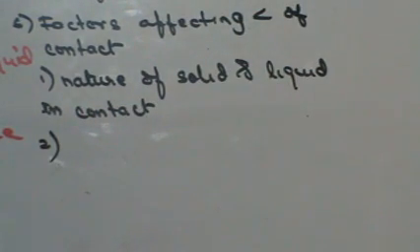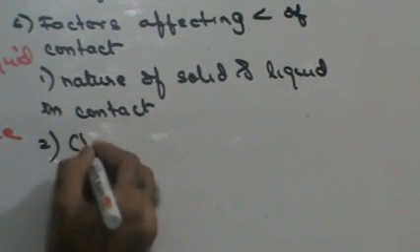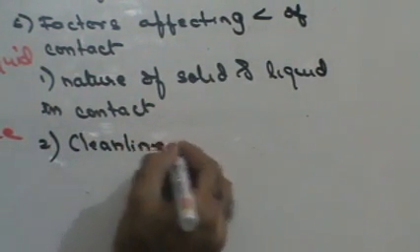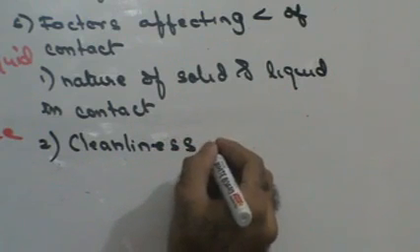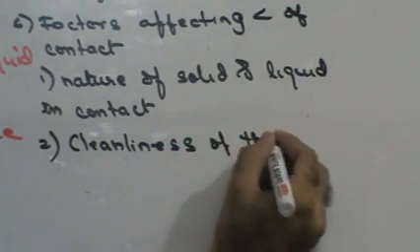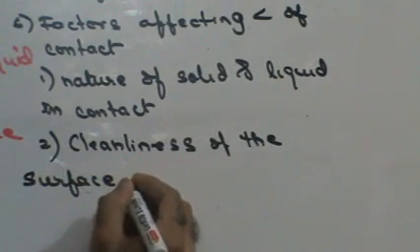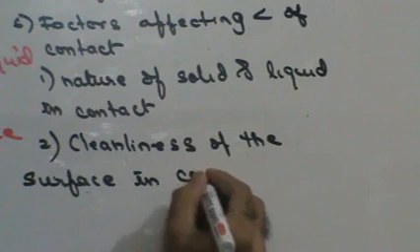The second factor that affects the angle of contact is the cleanliness on the surface of contact. The cleanliness of the surface in contact.